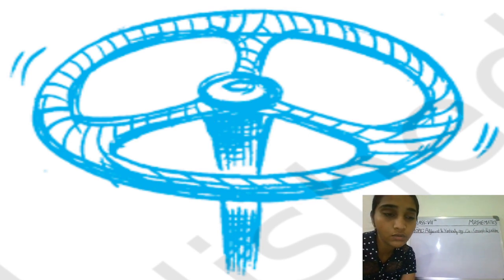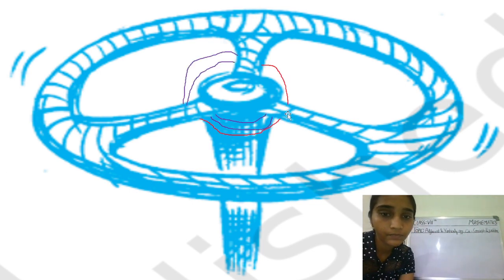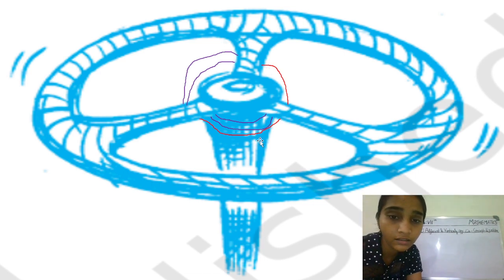So I have also marked them side by side. You can see these are a few of the angles marked in red. These are the two adjacent angles which are side by side, and two marked in purple. These are also two adjacent angles. Okay. Yes, now students, we have got enough idea of what adjacent angles actually are.